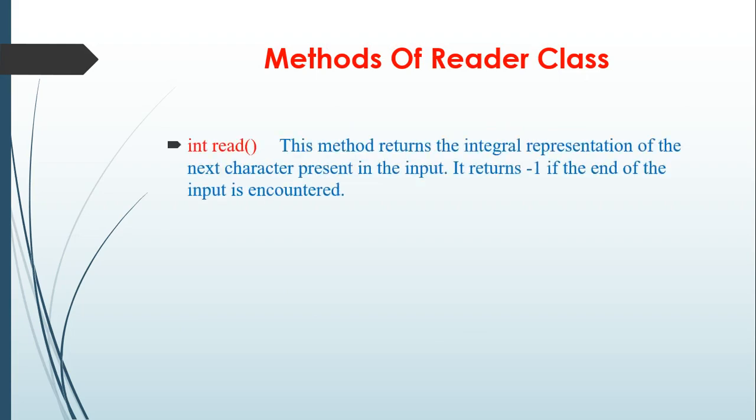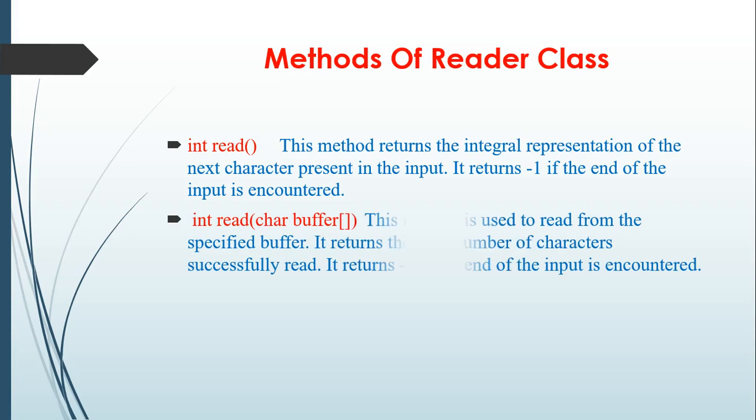Here are some methods of reader classes. int read(). This method returns the integral representation of the next character present in the input. It returns -1 if the end of the input is encountered. int read(char[] buffer). This method is used to read from the specified buffer.